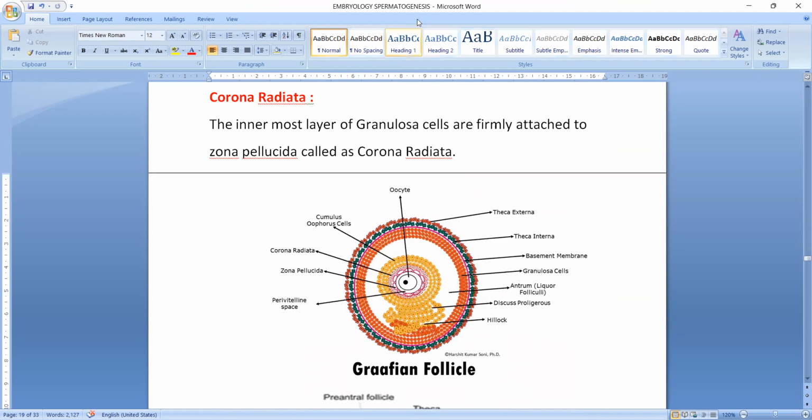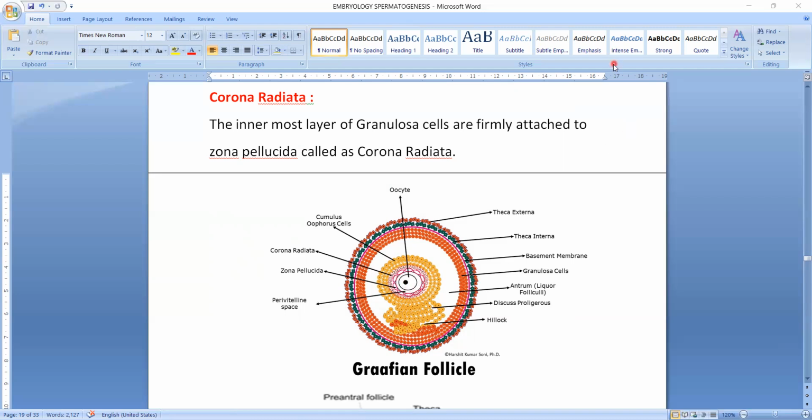See this central part with a black dot. That is the nucleus, so that is the ripened egg or matured egg. This black circle, and this black dot is the nucleus.